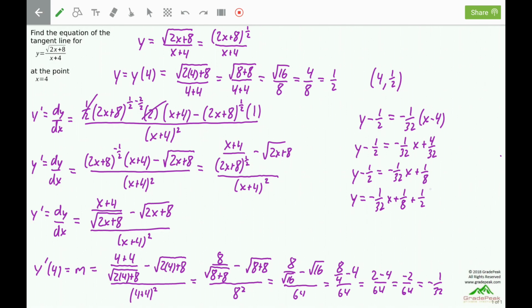I want to get a common denominator between the 1 over 8 and the 1/2, so I'll multiply this one by 4 over 4. So that will give us negative 1 over 32 x plus 1 over 8 plus 4 over 8. And we can finish out by combining those. So we have negative 1 over 32 x plus 5 over 8. And there's the equation of the tangent line to that function at that point.